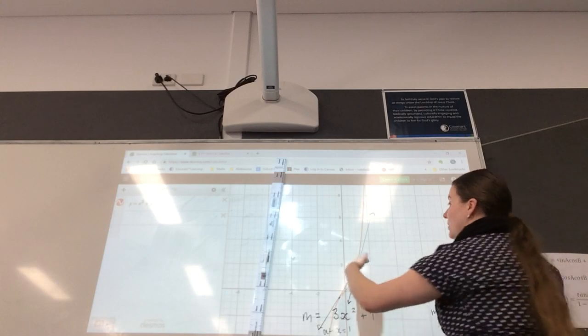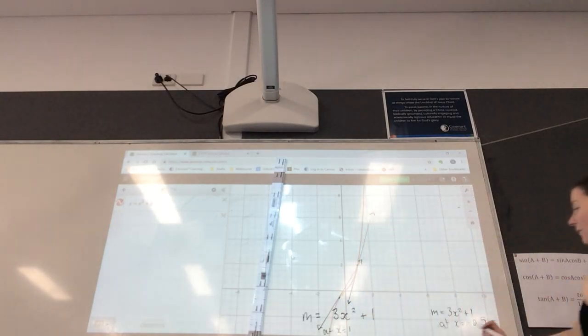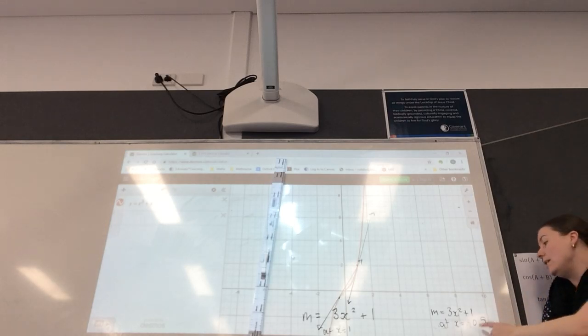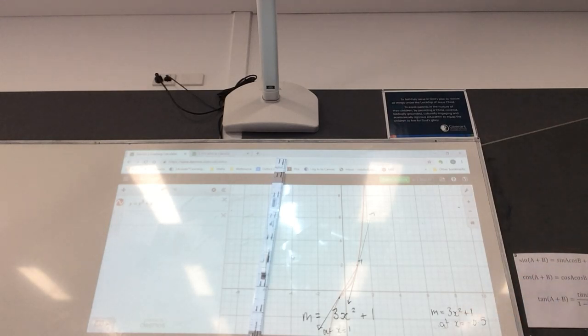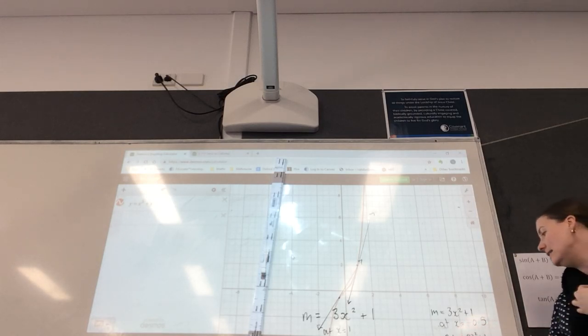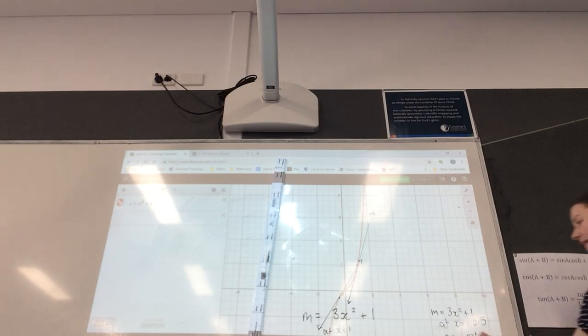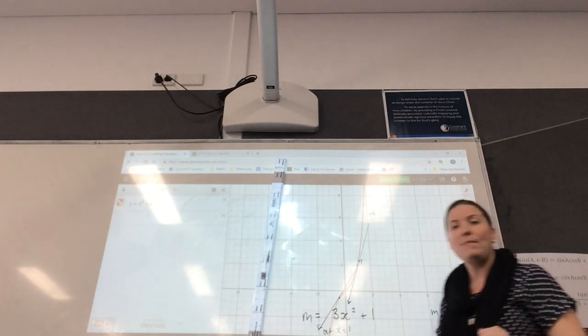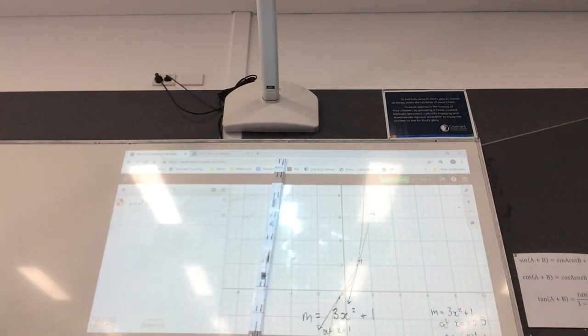It's a flatter line, so this one is more steep. If I sub in x equals negative a half, even though there's a negative, I'll get a positive because it's squared. So the gradient at that point is, I think, 7 over 4. Sorry if I've made a mistake. So that's 1 and 3/4, so it's less steep. That's what we're finding as we differentiate.